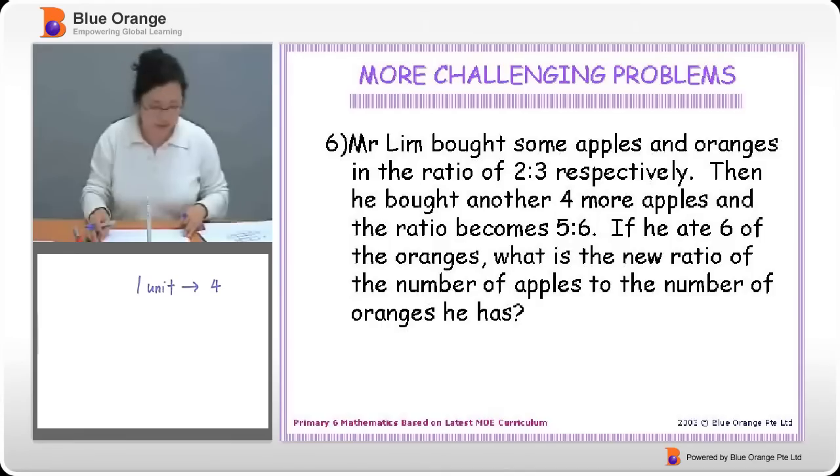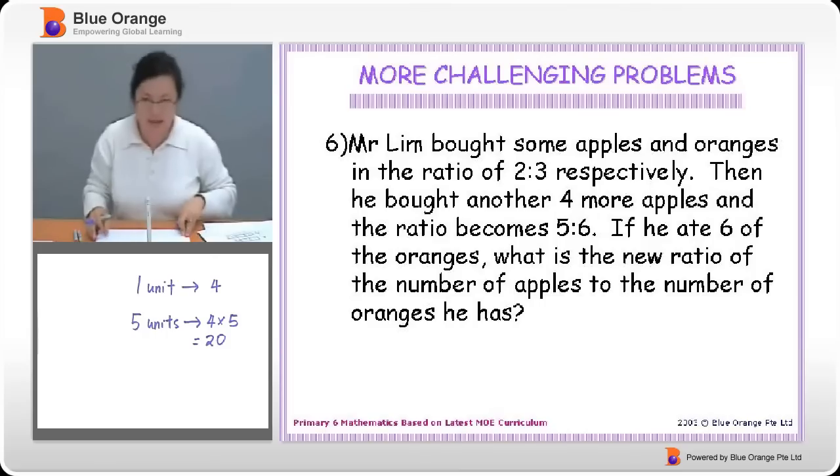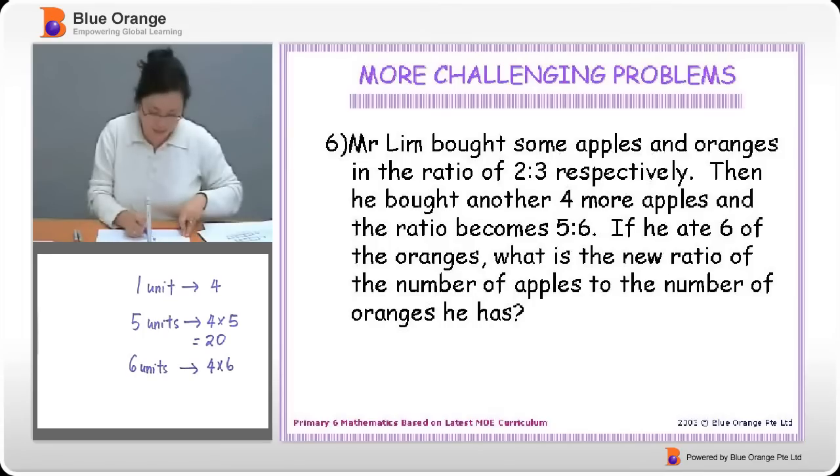We need to know how many apples and how many oranges. For apples, the new ratio is 5, so 5 units is 4 times 5, which is 20. Then we have 6 units for oranges, 4 times 6, which equals 24.